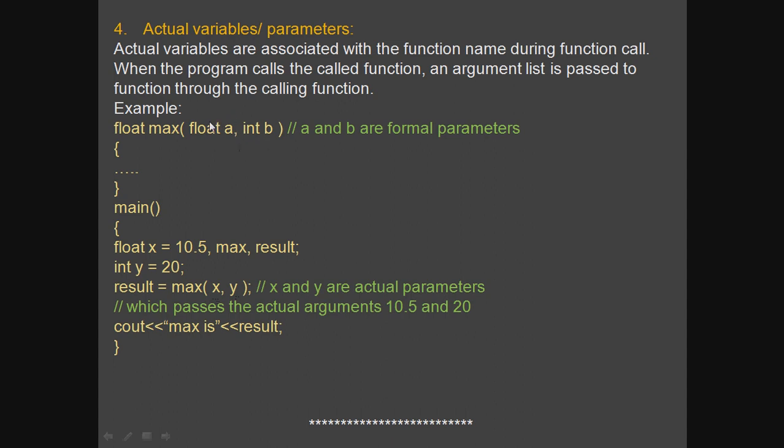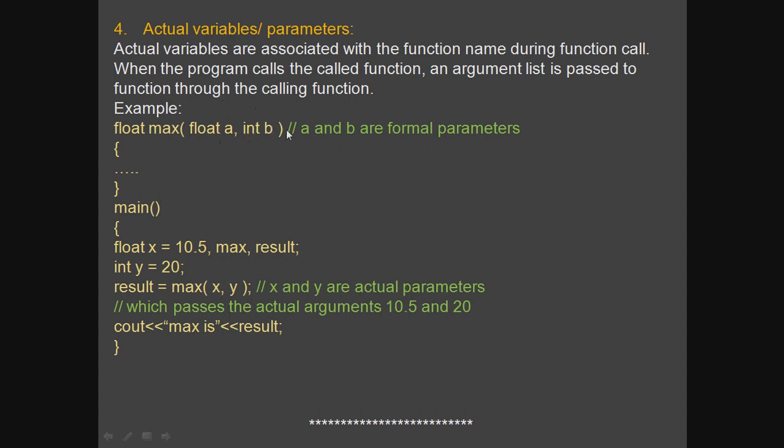So the order of the types should match between the calling function and the call function. If in the calling function the order is float type, int type, here also it should be float type, int type. It should not be int type and float type. Otherwise, float to int and int to float will result in error.